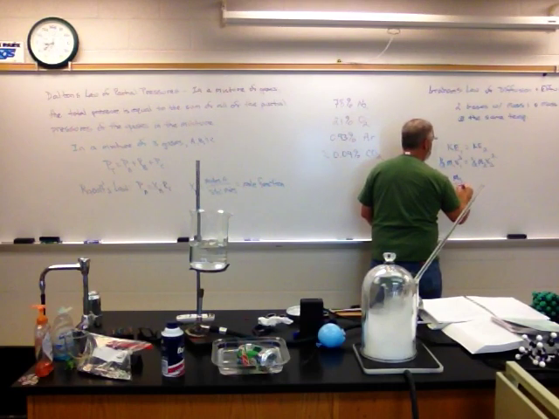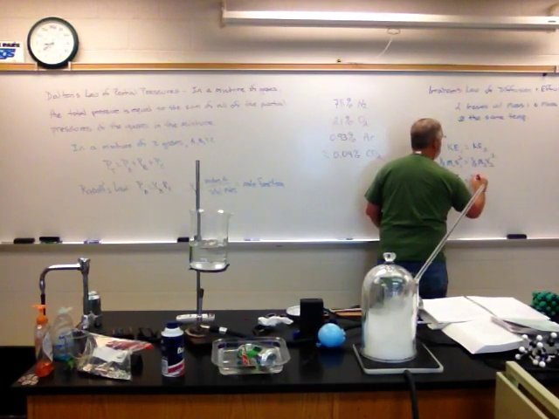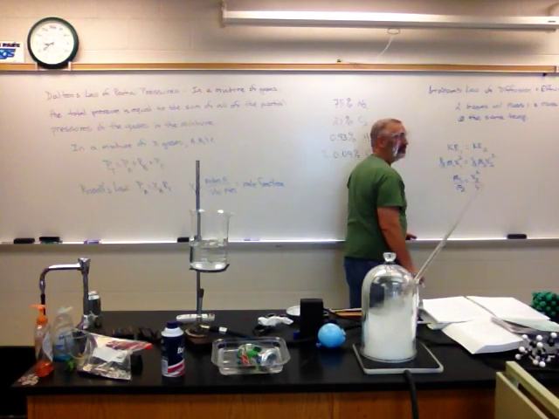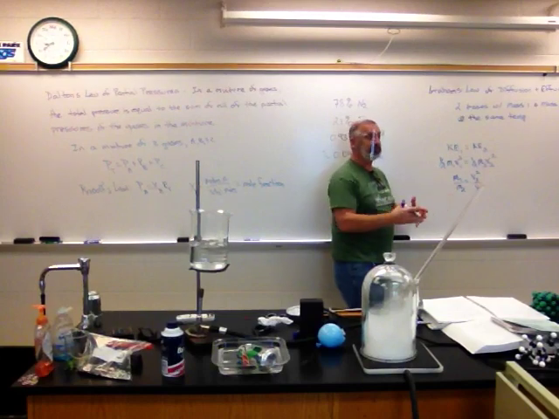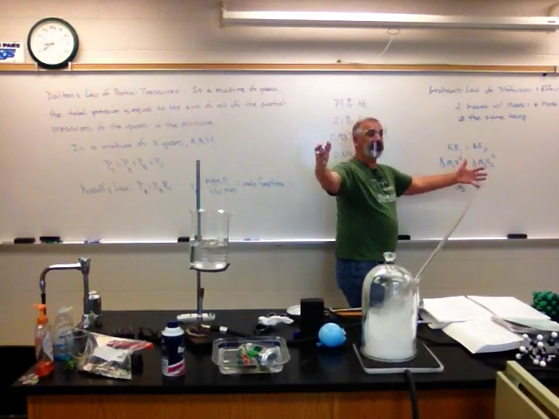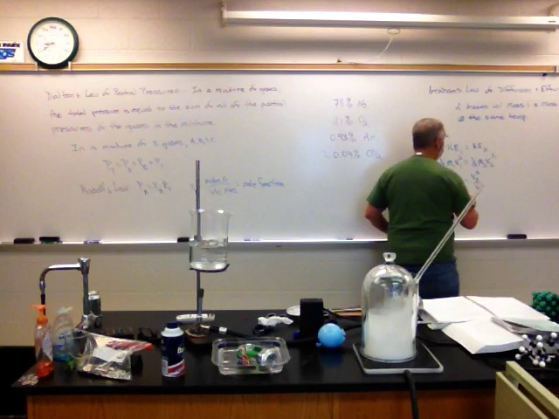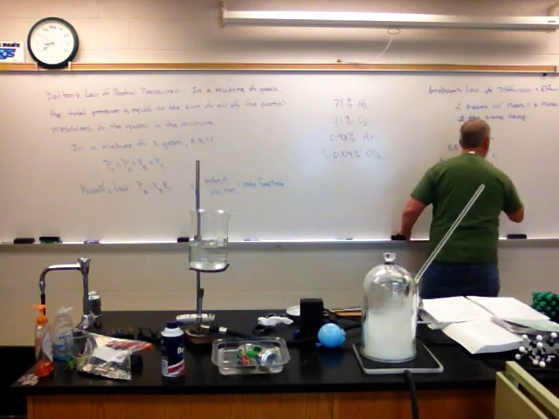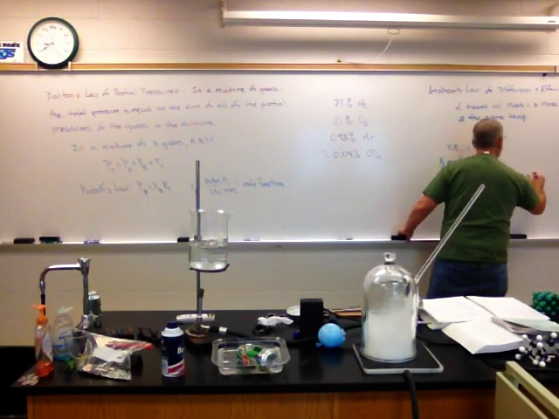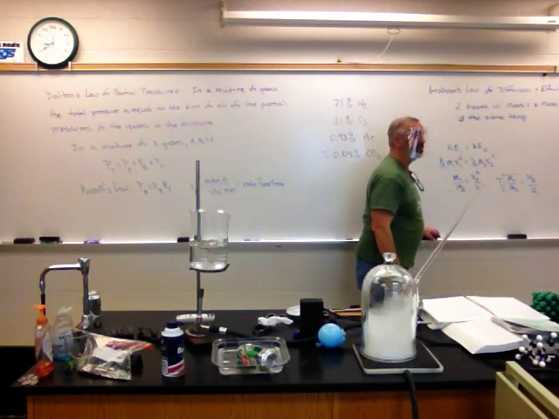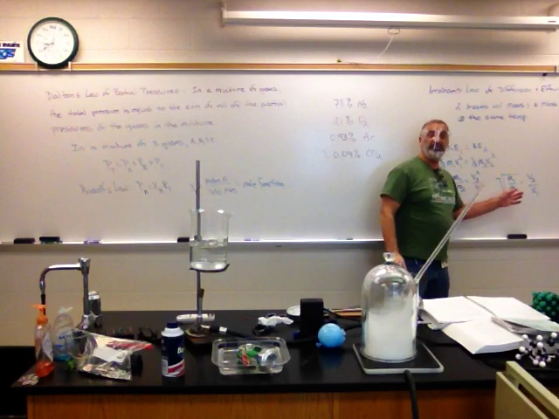m1 over m2 is equal to v2 squared over v1 squared. The velocity is the rate at which they're going to be spreading out. So how fast are they going? Take the square root of both sides, and we end up getting the square root of m1 over m2 is equal to v2 over v1. Now, what do we use to measure the mass of a particular gas?